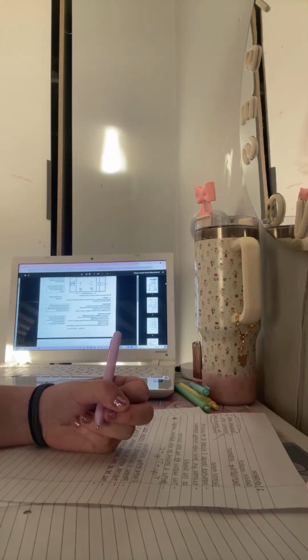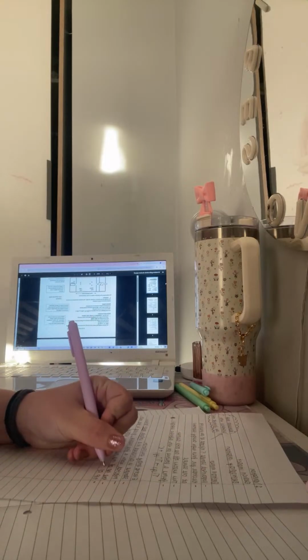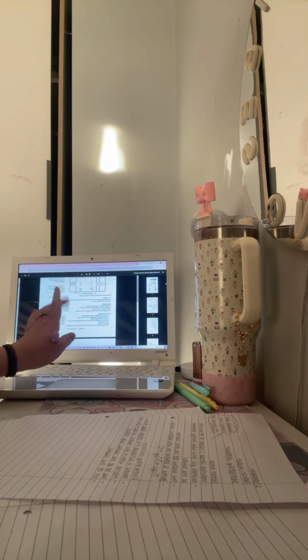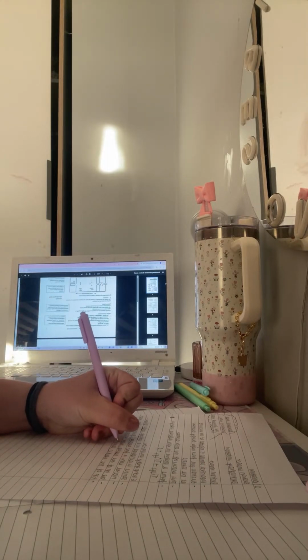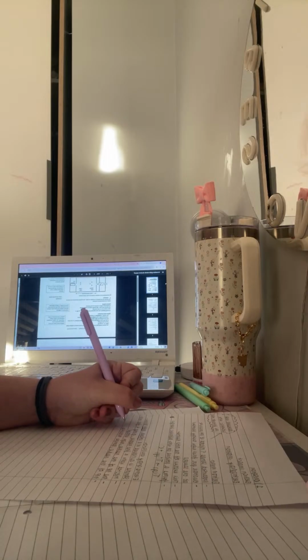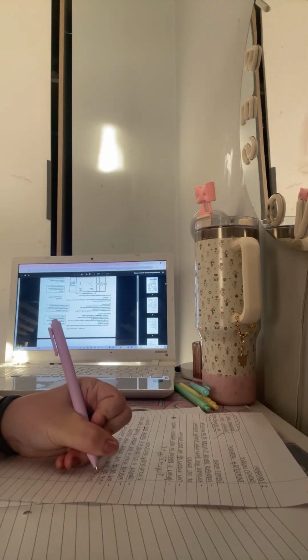The next step is, at the tip of the needle, the sample molecule gains a proton, H+ from the solvent.